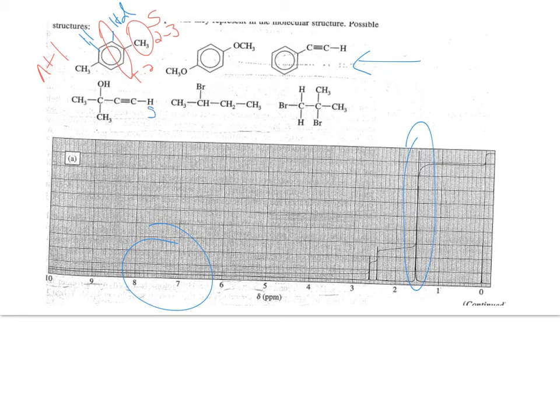This would be a singlet with 1 proton. This would be a singlet. These are singlets, but these are going to be 6 protons. As you can see here, the height from here to here is 1 proton. So then the height, this integral from here to here is the same height, that's 1 proton.